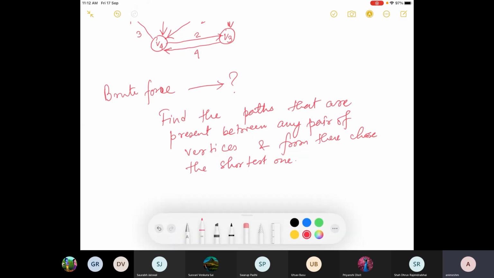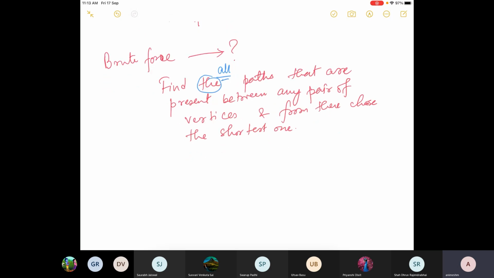Let us make it a little bit more specific. By this you mean you want to find all the paths that are present between any pair of vertices, and from this set you want to find out the shortest one. Now this obviously has caveats, and yesterday I requested you to try this homework.